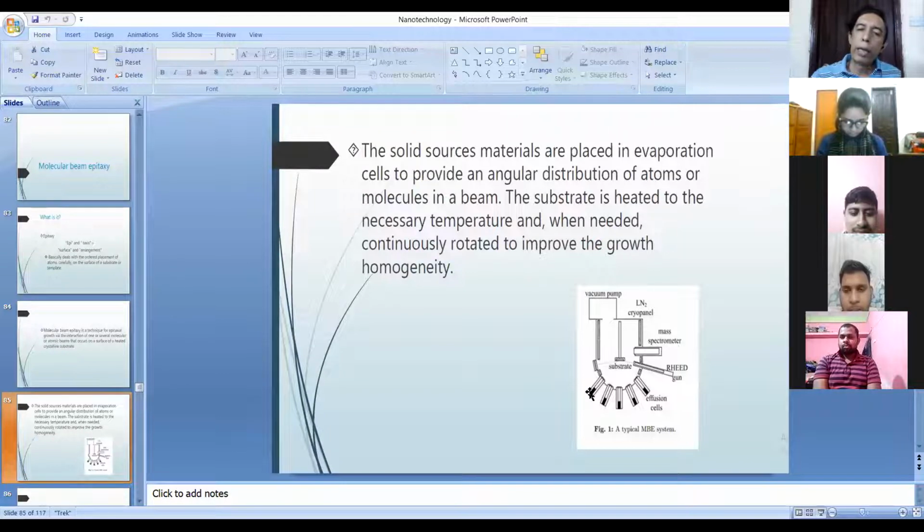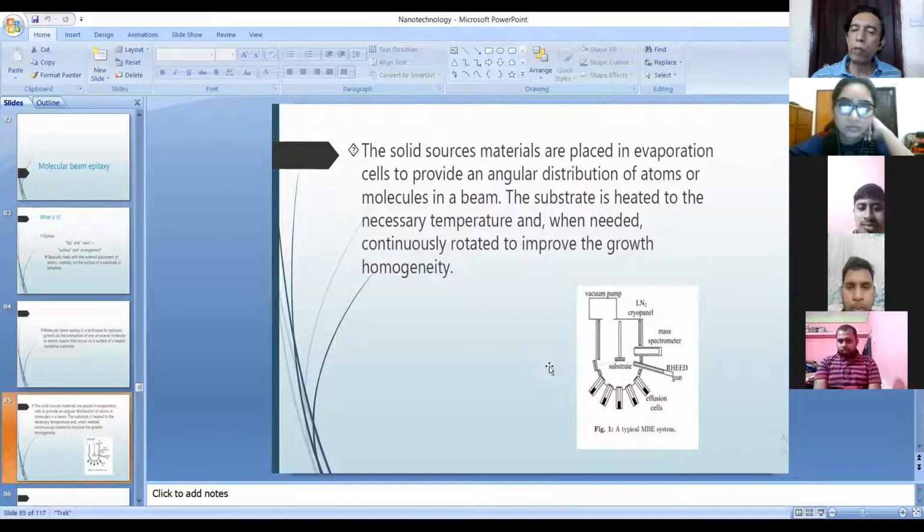Now, the gallium atom is adsorbed on the substrate, and from here other atoms will adsorb to the substrate. Then the substrate is heated at the necessary temperature. Say, for example, for gallium arsenide, there is a temperature. If you want indium phosphide, then you'll get another temperature.